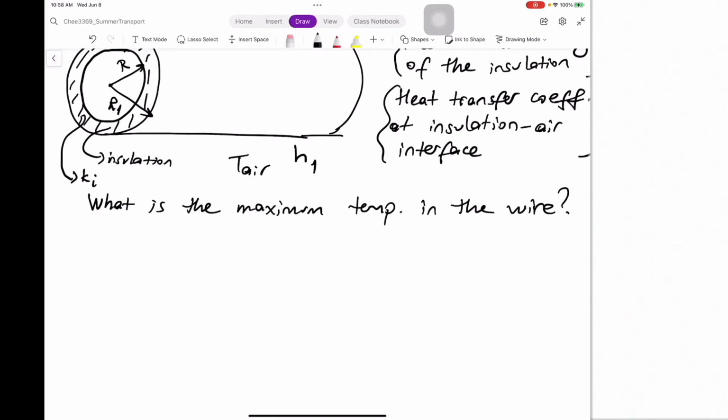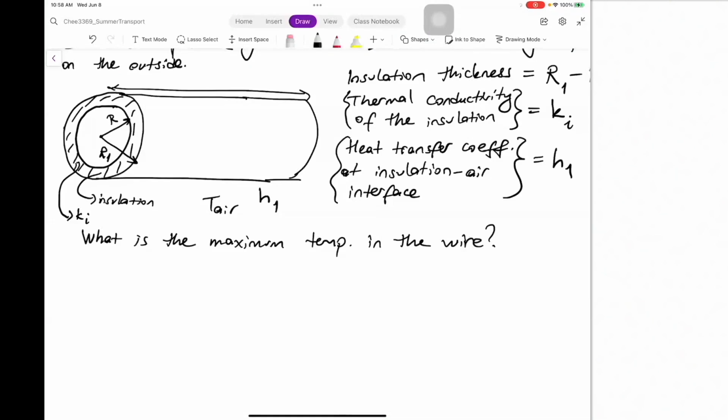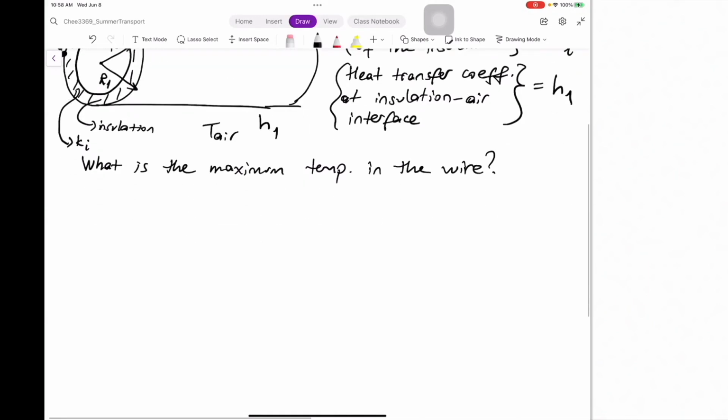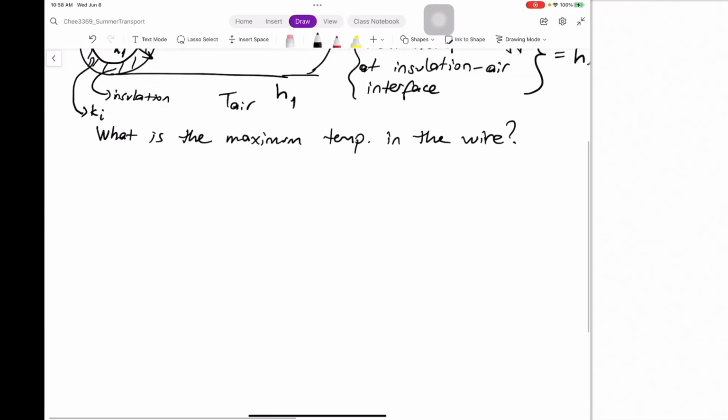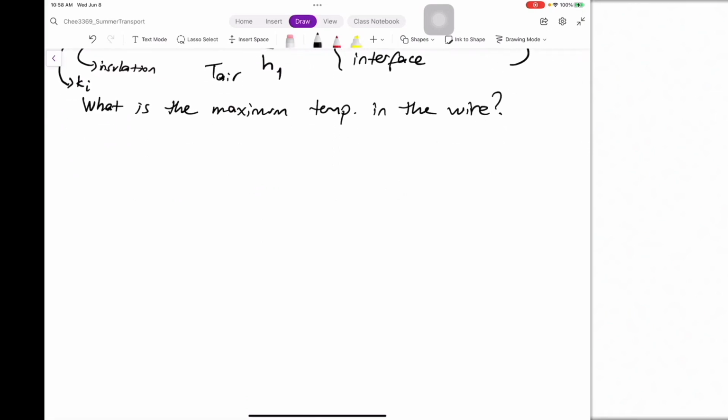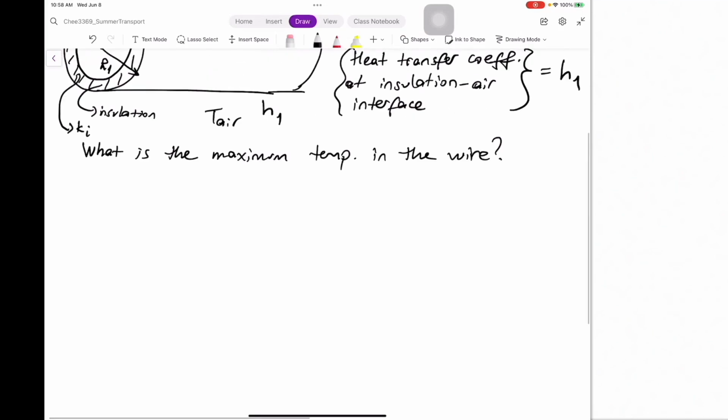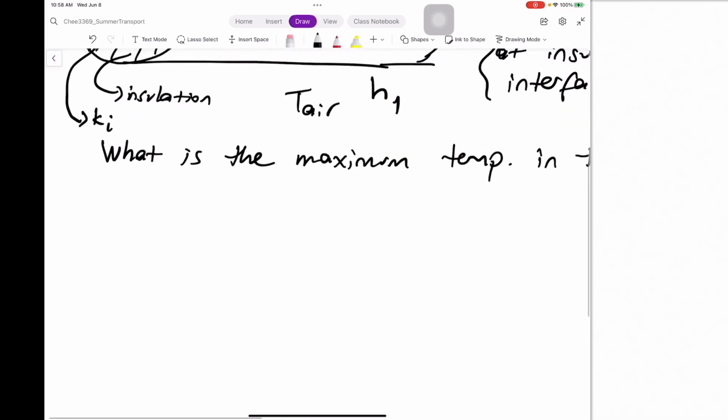Let's call the temperature here T1. No guess, no idea? Okay, anyway, that can be a good exam question, I guess.